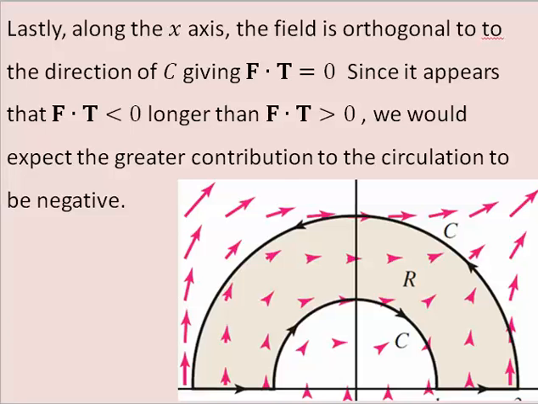Lastly, along the x-axis, the field is orthogonal to the direction of the curve, telling us that the dot product is 0. Since it appears that the dot product is negative longer than it's positive, we would expect the greater contribution to the circulation to be negative.